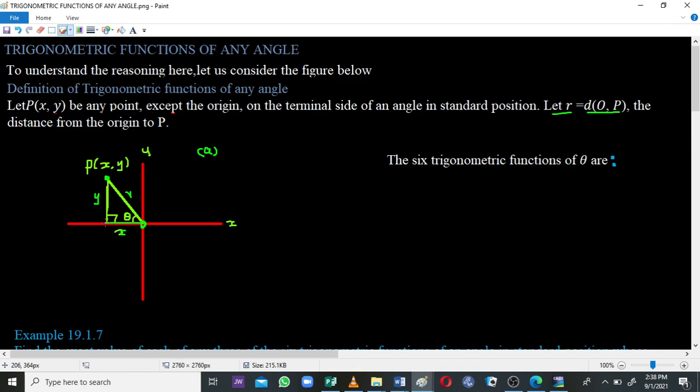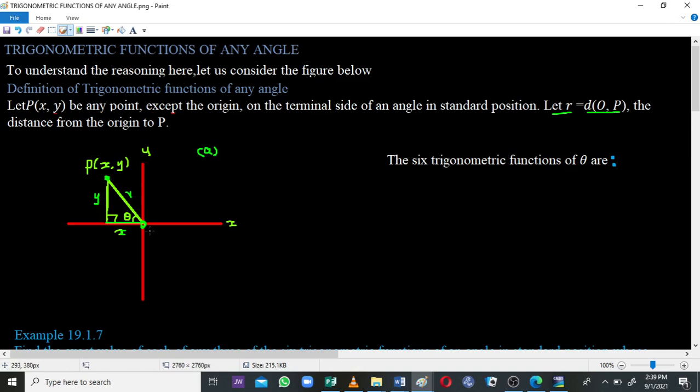Let this be the point P, the point (x, y). It contains the y and the x value, as we can see.